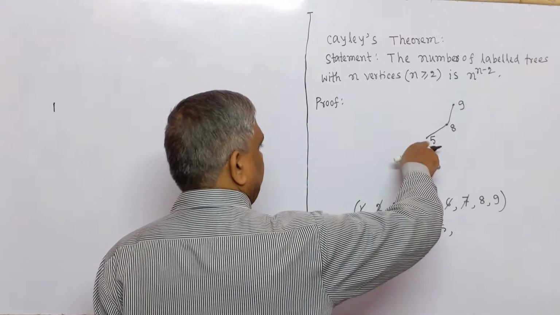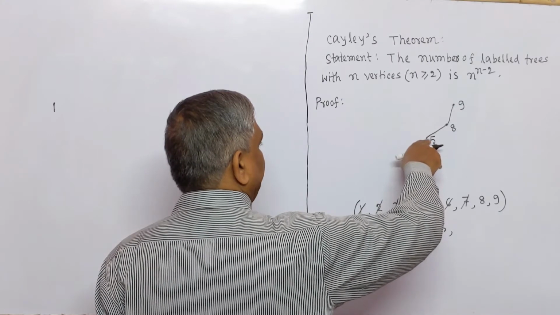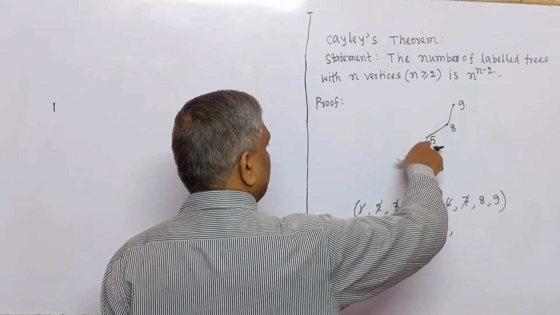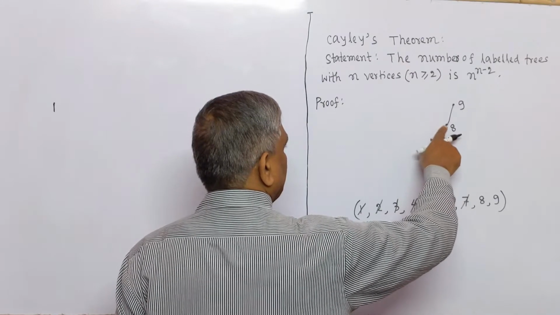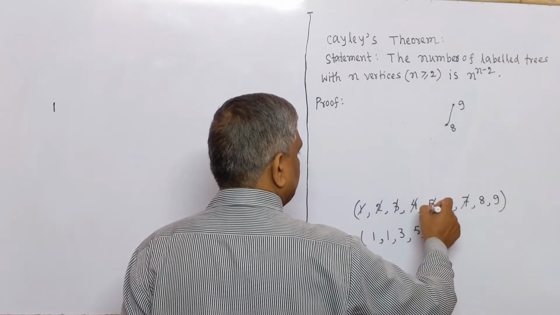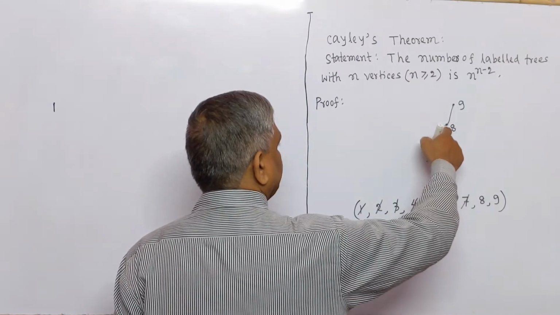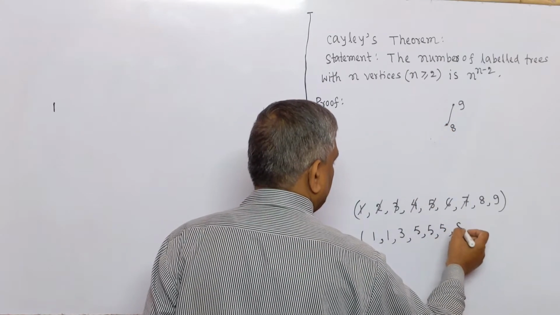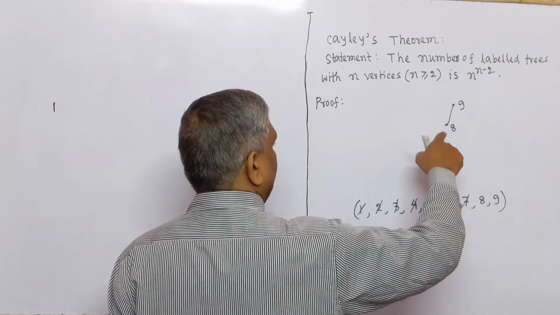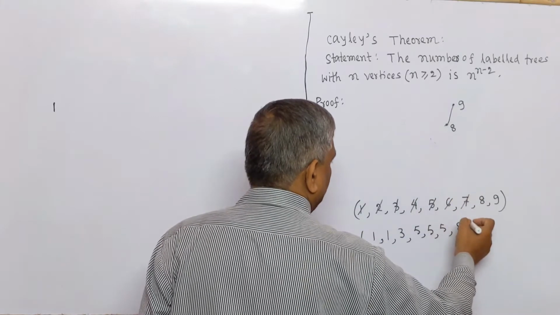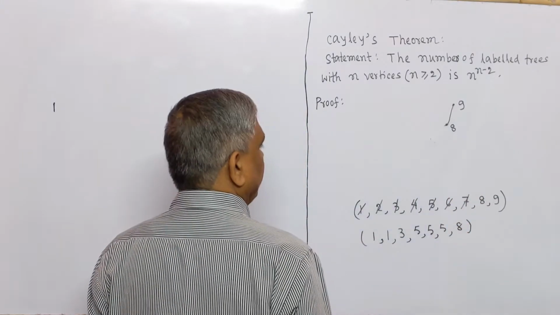Now, the smallest label pendant vertex is 5, we delete this, and we cancel this here, and we write the adjacent vertex 8, and we complete our sequence.